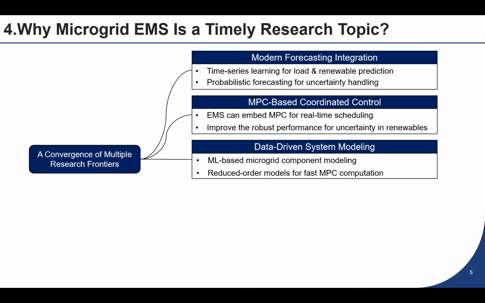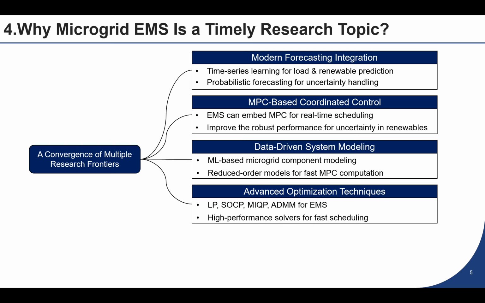Third, modern machine learning models can be used to build data-driven compliance models for the microgrids. Reduced-order or black-box models can speed up MPC computation while maintaining accuracy. This creates a tightly connected loop between modeling, prediction, and control.